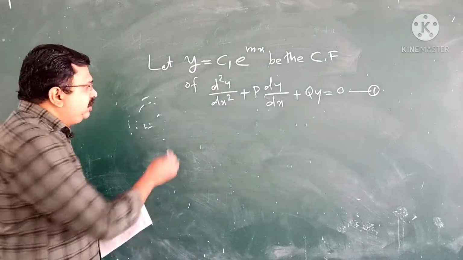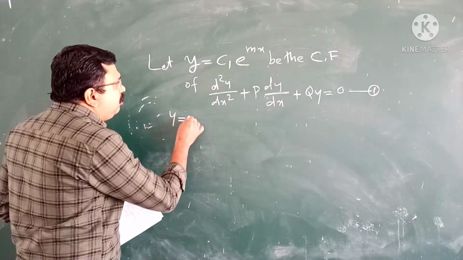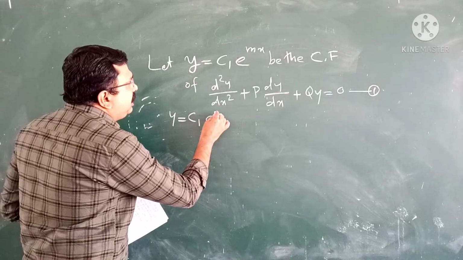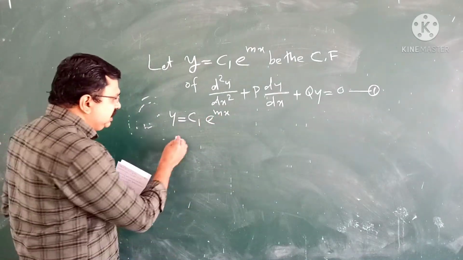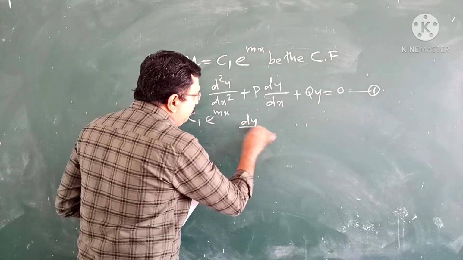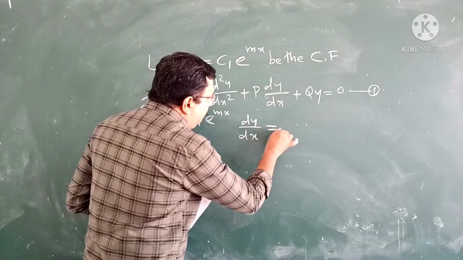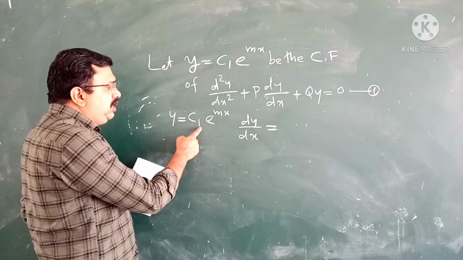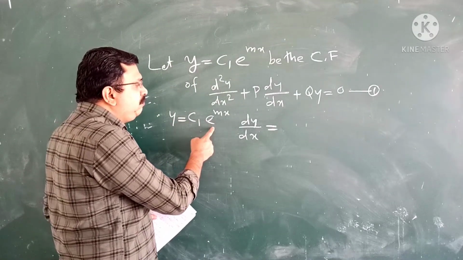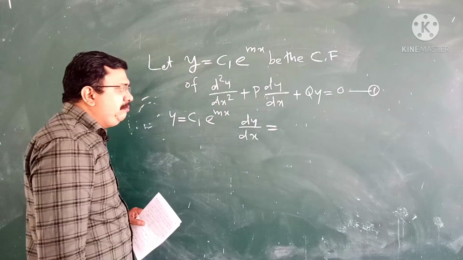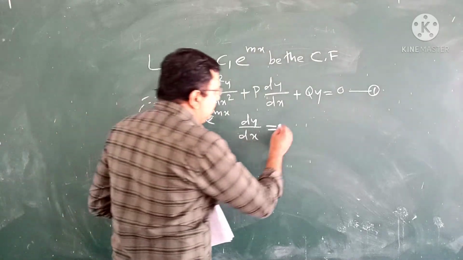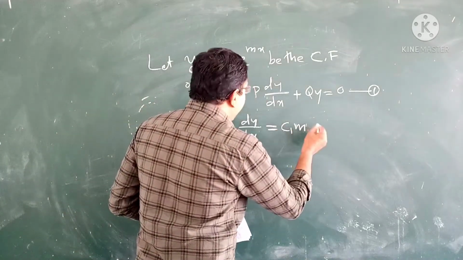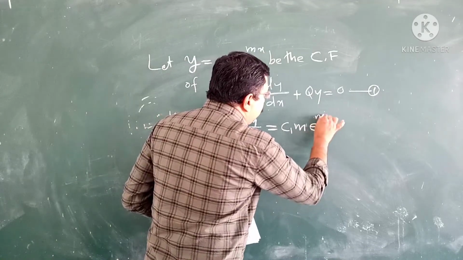What is y? y equal to c1 into e raised to mx. Therefore, what is dy by dx? The first derivative dy by dx equal to c1, a constant, into the derivative of e raised to mx, which is m into e raised to mx, that is c1 into m into e raised to mx.